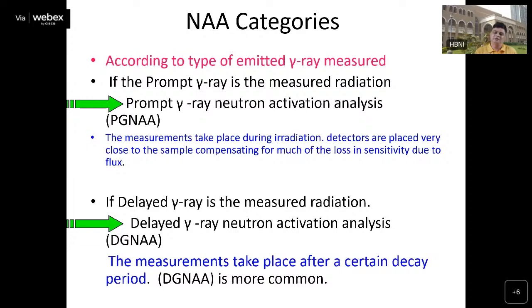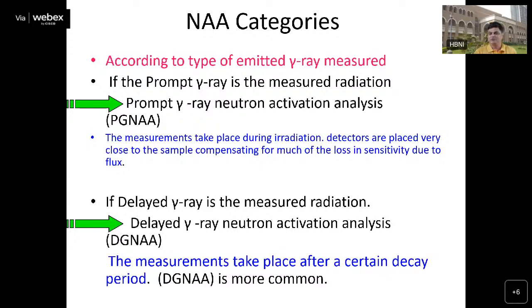DGNAA is the major representation of neutron activation analysis, because in general, when we talk about neutron activation analysis, it is basically DGNAA only. Unless it is epithermal neutron activation analysis or fast neutron activation analysis, they will clearly specify it.